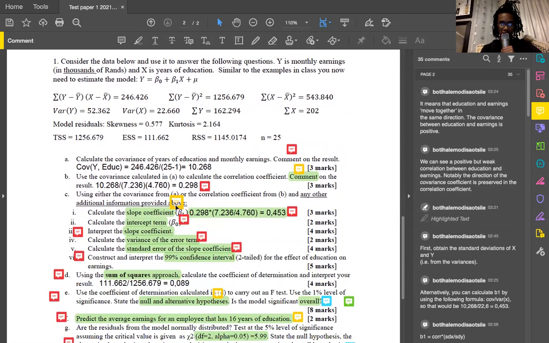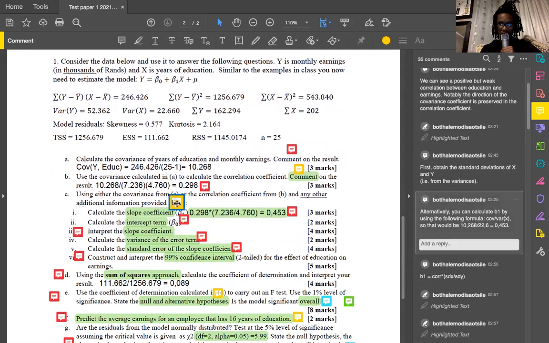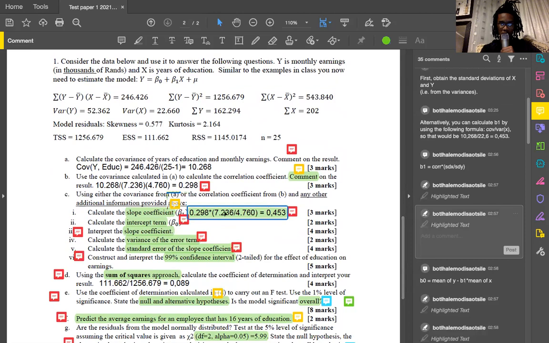I'm just moving as quickly as possible. You can pause, rewind, fast forward, etc. Let's see right here. What's this all about? Okay, that's for C. So here you should have the formula of correlation multiplied by standard deviation x divided by standard deviation y, if I'm not mistaken. But have a look at your formula sheet.